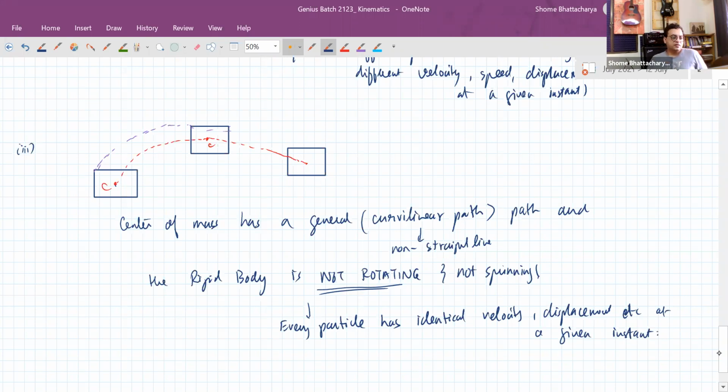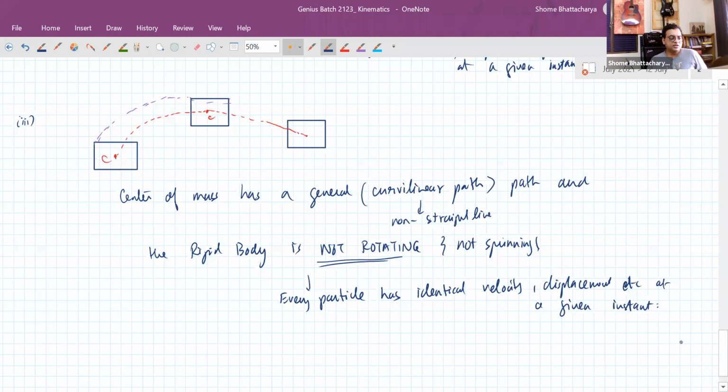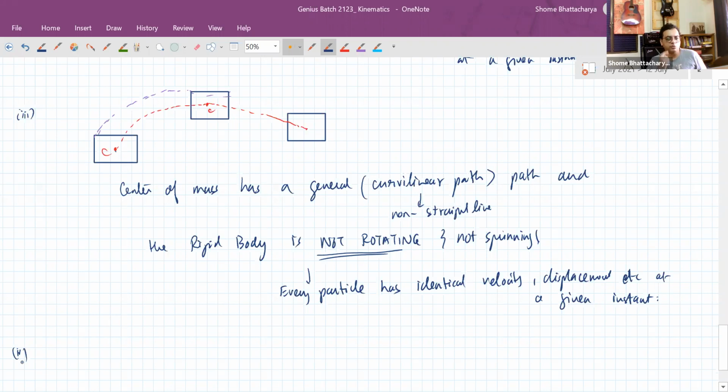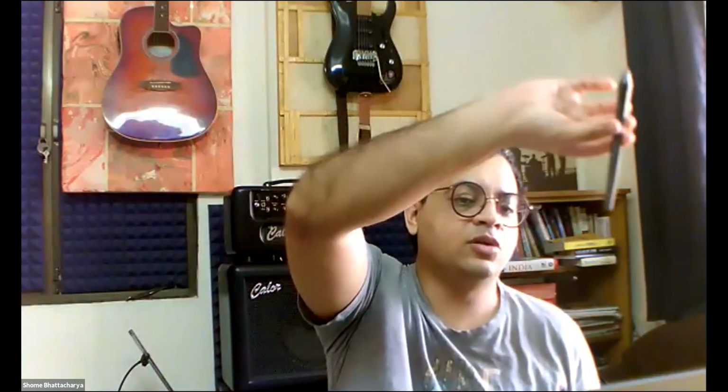Whereas the final, more contrasting type of motion is what you see very often in everyday life, how rigid bodies move. For example, if I take something like this pen and I throw it in the air, it will tend to have this kind of path. So it will go like this. While its center of mass is going in an expected path, like when you throw a ball or something, at the same time, about the center of mass, the body is also rotating.